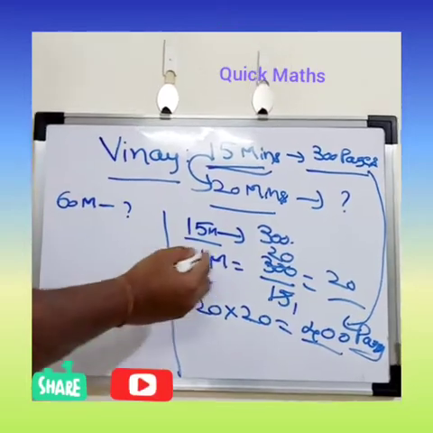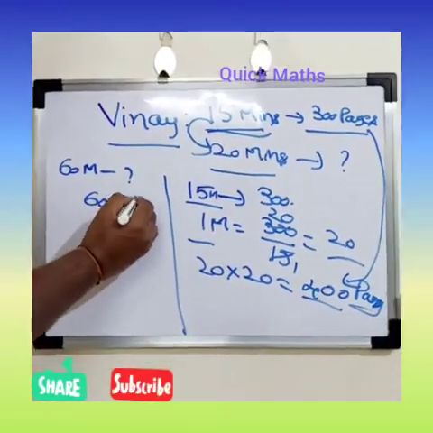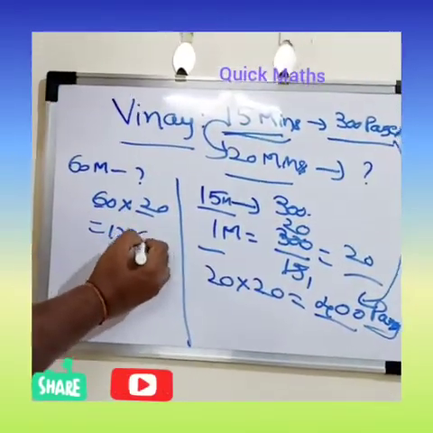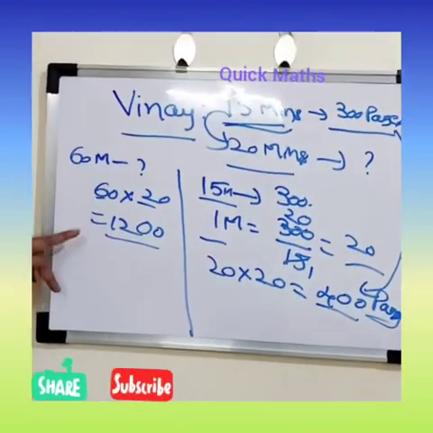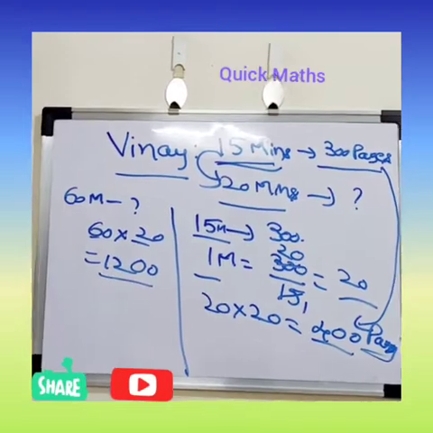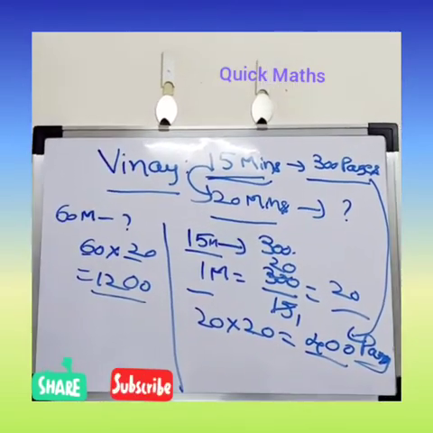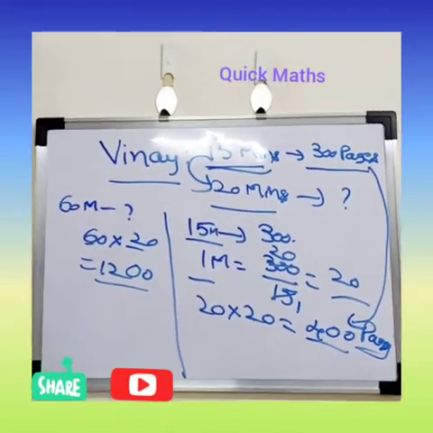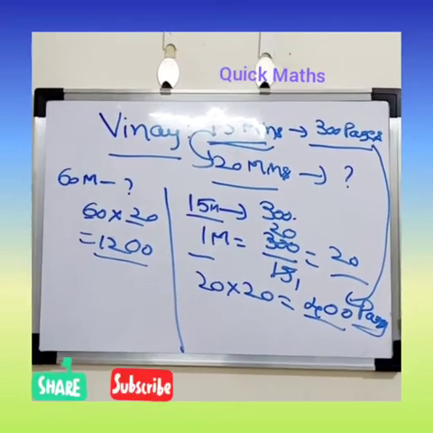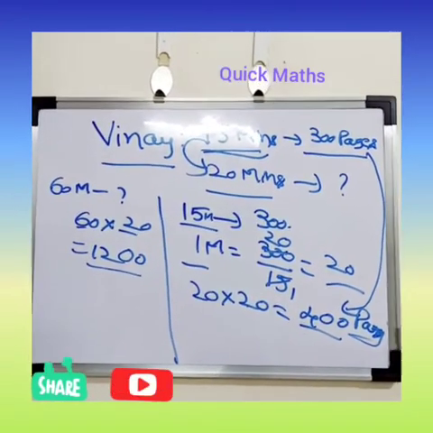Same direct answer, because in 1 minute we know it is 20 pages. 60 minutes means 60 multiplied by 20. 6 times 2 is 12, 0 0. So he will read 1200 pages per hour, because 60 minutes is equal to an hour. The logic purely depends on direct proportion. As the number of minutes increases, the number of pages the person reads automatically increases. This is called direct proportional logic.